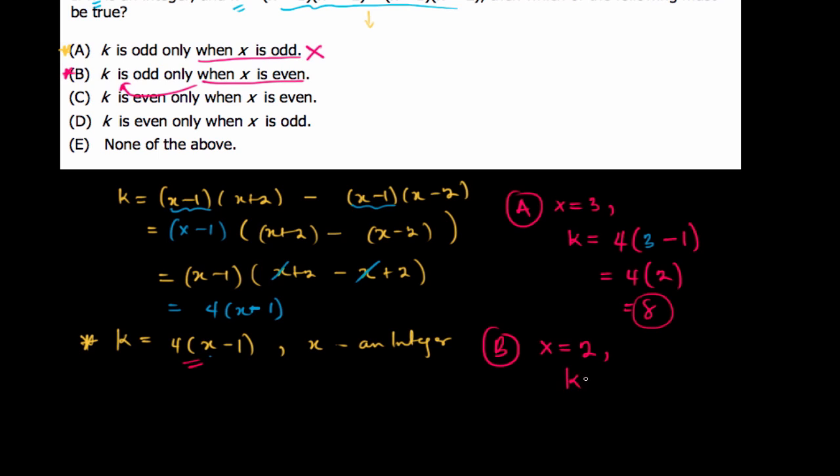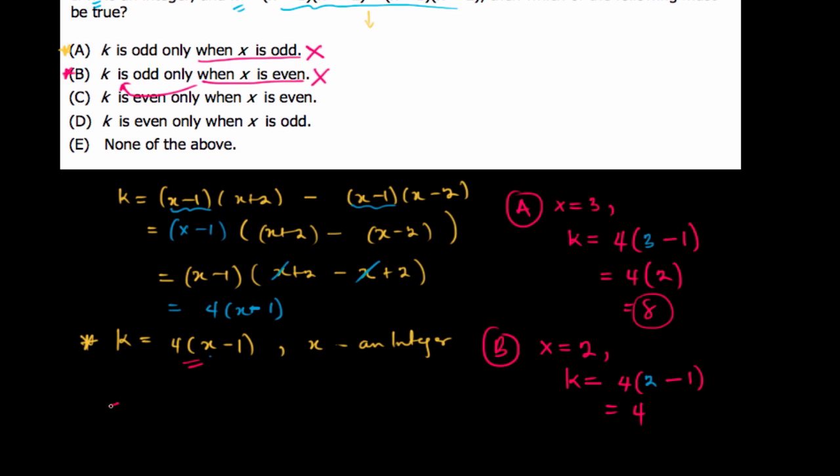Using this formula again, you have 4 times (2 − 1), that is 1, times 4, that is 4. So 4 is an even number. So x was even, but the k we obtained was also even. But here it says k is odd. So that implies that this statement is false.